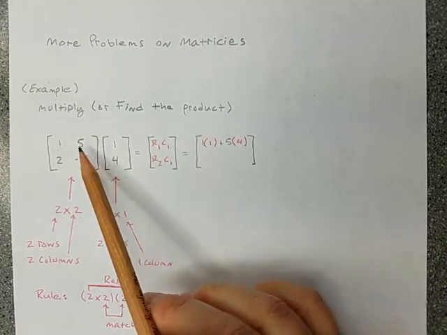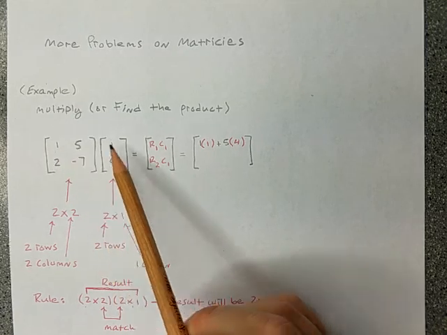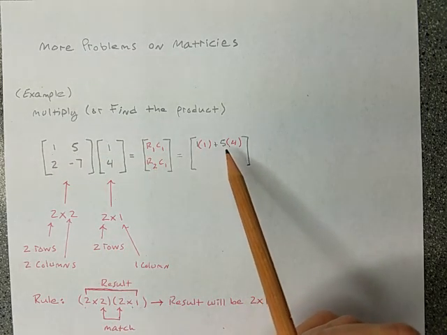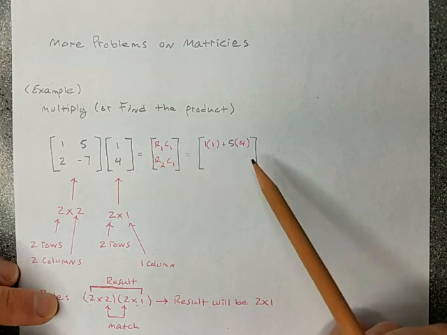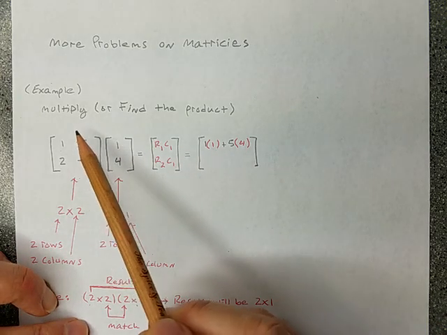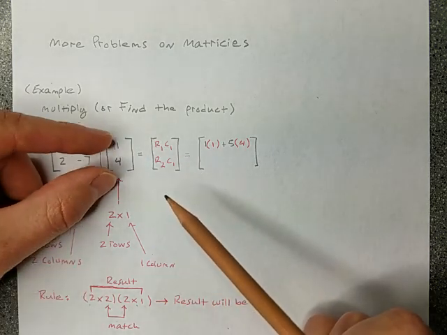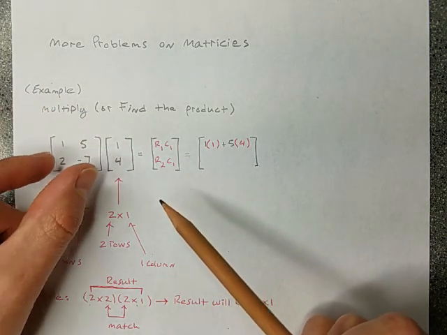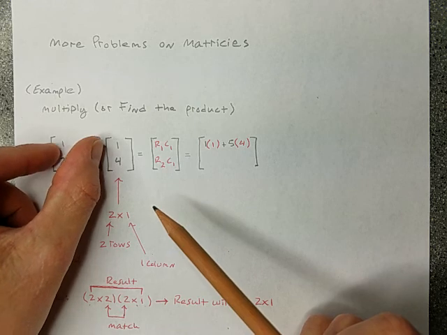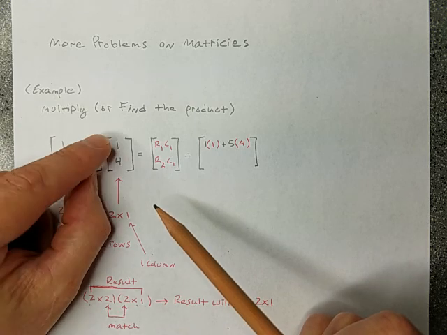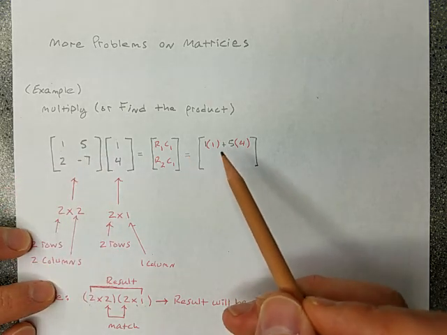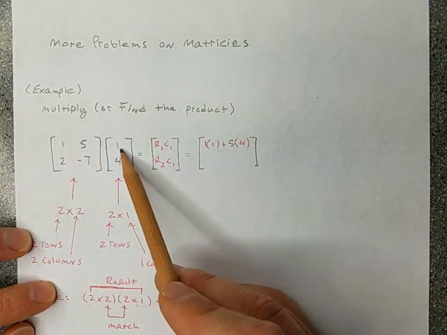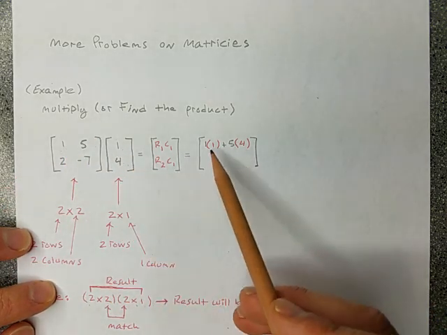I wrote the row here, 1, 5, in pencil, and I wrote the column, 1, 4, in my red pen. That's how you multiply this row by that column. I always think if I could pick this row up and turn it that way and set it right on top of this one, the 1s would align and the 4 and the 5 would align. That's what we do. We do 1 times 1 plus 5 times 4, which is what you see here.